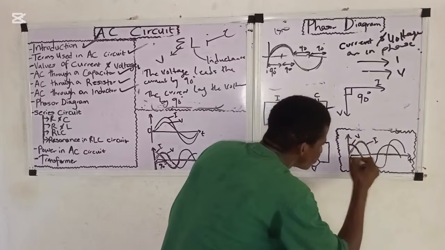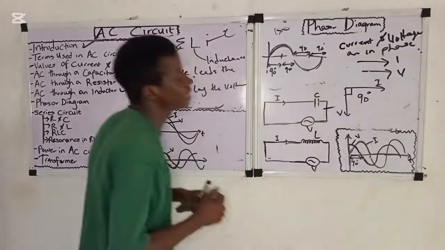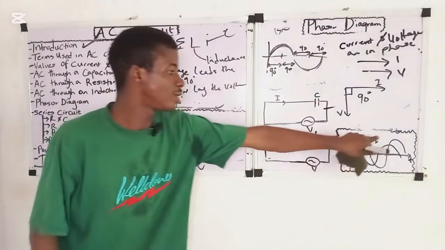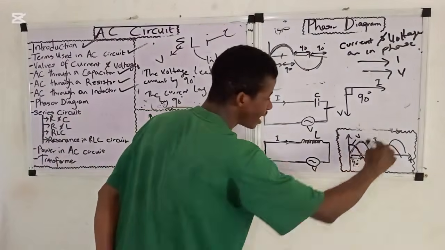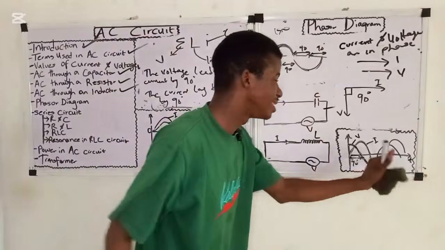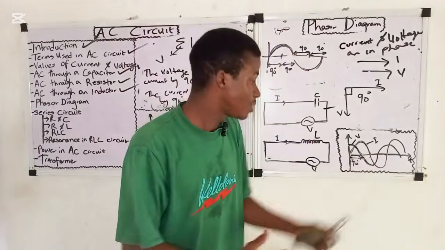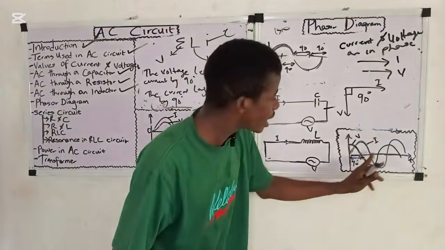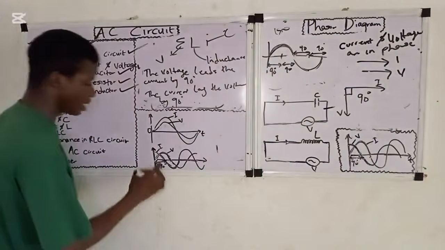From here to here is 90 degrees, then from here to here it's 90 degrees, right? So the voltage leads the current by 90 degrees, or you can say the current lags the voltage by 90 degrees. My wave might not be accurate, but just know that the way they are oriented, they are out of phase by 90 degrees.